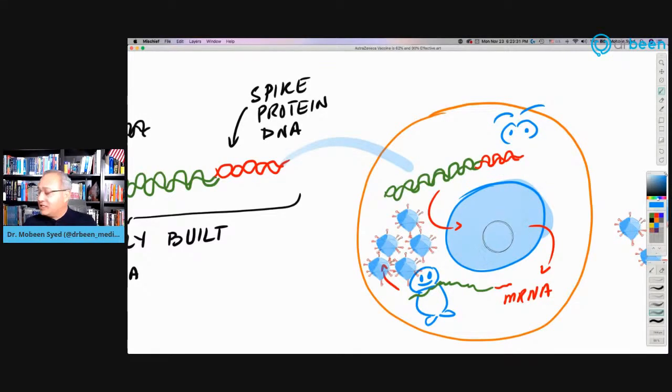In the nucleus of this cell, messenger RNA is formed from this DNA. That messenger RNA is then picked up by these cute little ribosomes, and ribosomes will read the genetic material and make more viruses. They will make more viruses, correct?